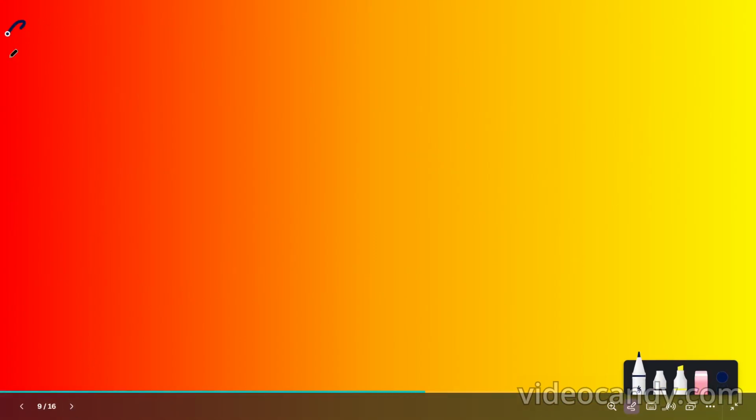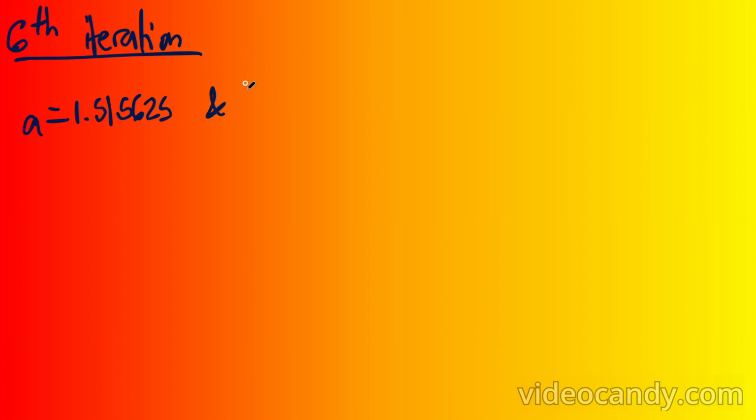Okay, for the sixth iteration, for the next iteration, if the number becomes positive, it's very simple. So A is 1.515625 and B is 1.5.